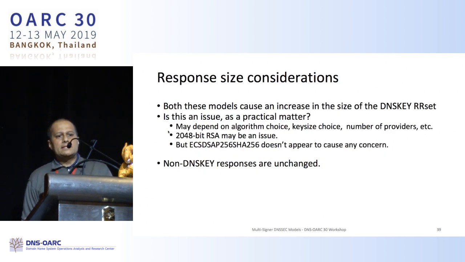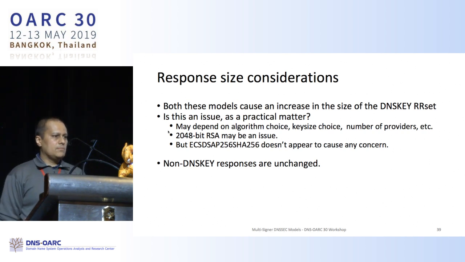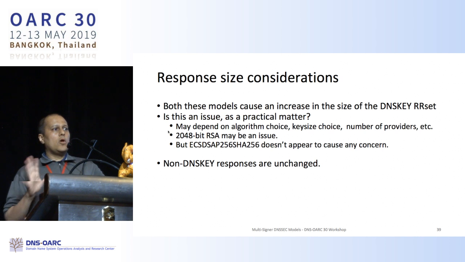And the last item that I'll mention is several people have brought up the fact that maybe we're causing problems. We might be introducing problems by bloating the size of DNS responses. So the quick answer to that is in these models, the size of normal responses is unchanged. It's only the size of the DNSKEY response that is bigger. So the question is, is it big enough to cause any problems?